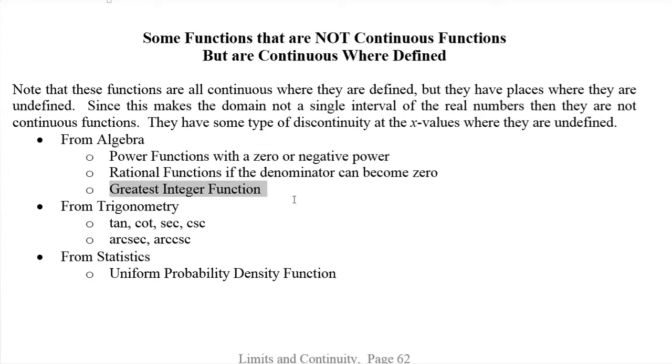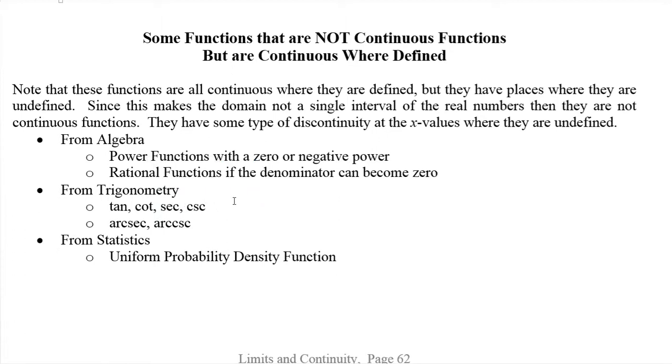Another type of function with discontinuities is the greatest integer function, but it is, everywhere it's defined, actually that is not true. It is not continuous everywhere it's defined. So I'm going to take that one away. From trigonometry, our other basic trig functions, tangent, cotangent, secant, and cosecant, all have discontinuities.